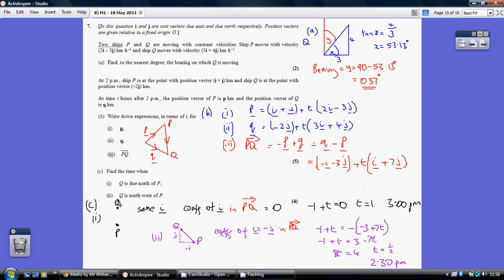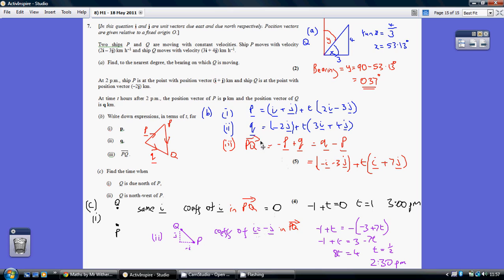Now for part 2, we're trying to consider when Q is northwest of P. So this is the scenario. So we've got a minus i plus a j. So basically the coefficient of i equals minus the j coefficient.